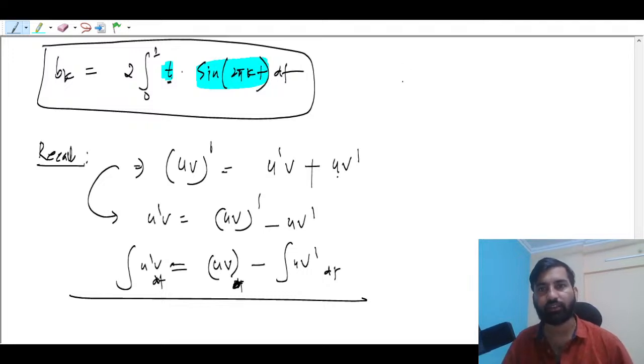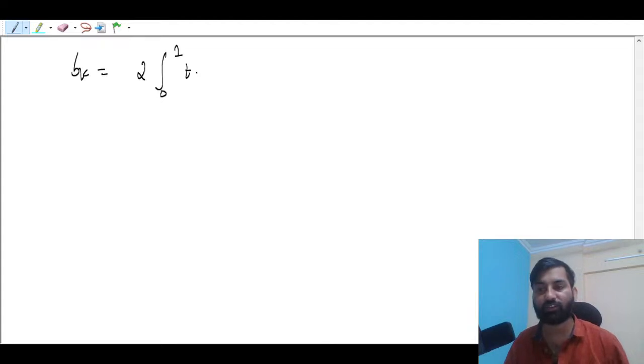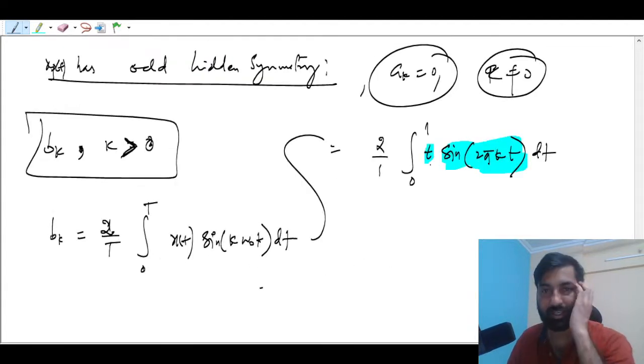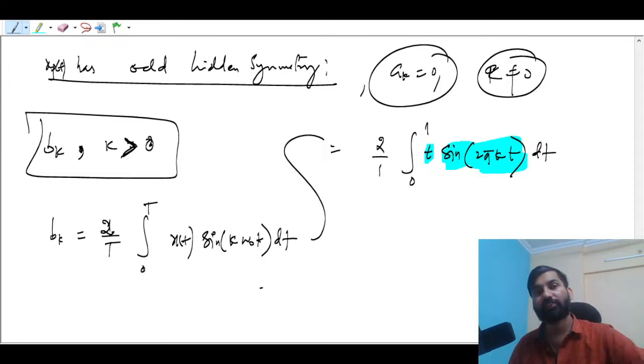So using this formula, your bk is going to be 2 times 0 to 1. You have to be very careful while solving it, because I ignored this t and was doing something else, but as soon as I identified it, I changed it.